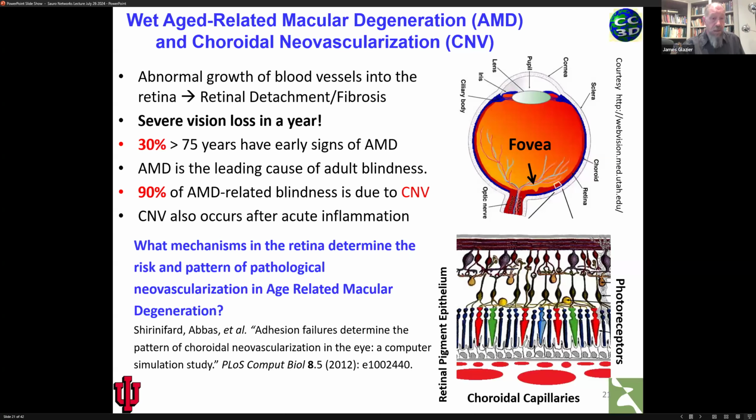But there also are very dense blood vessels behind the eye, behind the retina. And those, if they invade the retina, they can cause blindness through what's called choroidal neovascularization. So a neovascularization, new blood vessels. And we were interested in why that happens and the way it does.